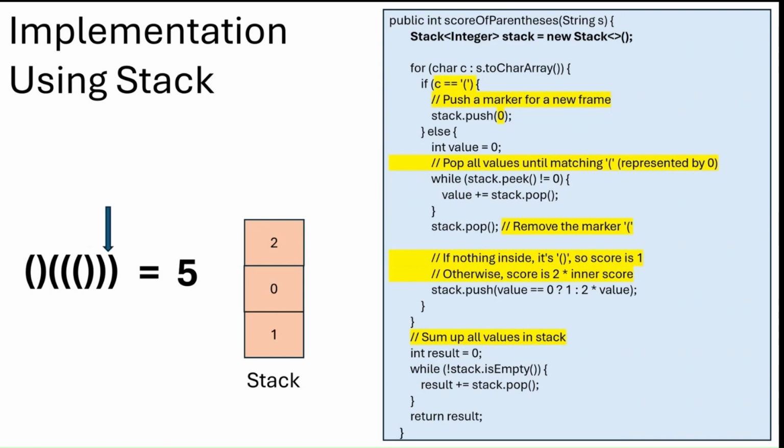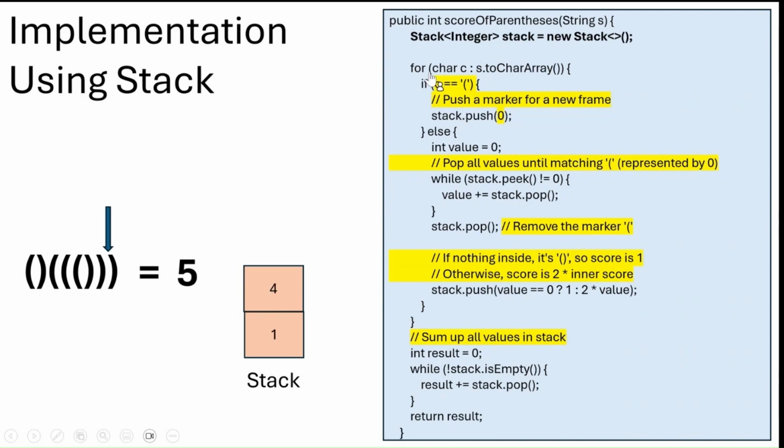Now we go to the next character, which is again a closing bracket. It will do the same thing here also. It will take all the values till it sees the opening bracket for this closing bracket, which is represented by 0. So value is 2. We pop the stack, which is the opening bracket for this closing bracket. Now value is 2. 2 into 2, 4. So we push the 4 to the stack. So it basically gave the score for this overall string.